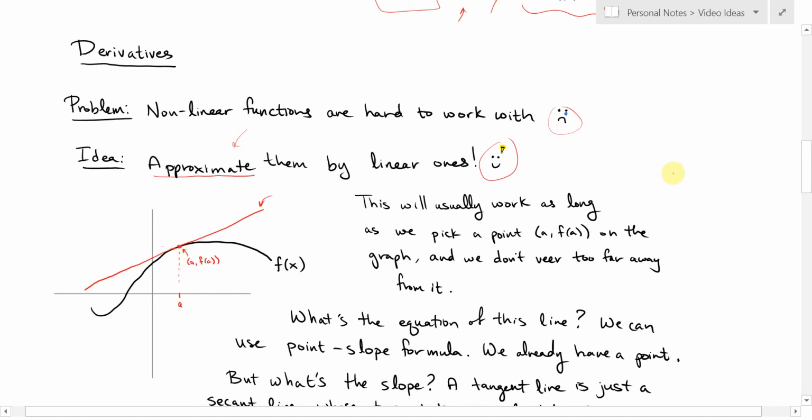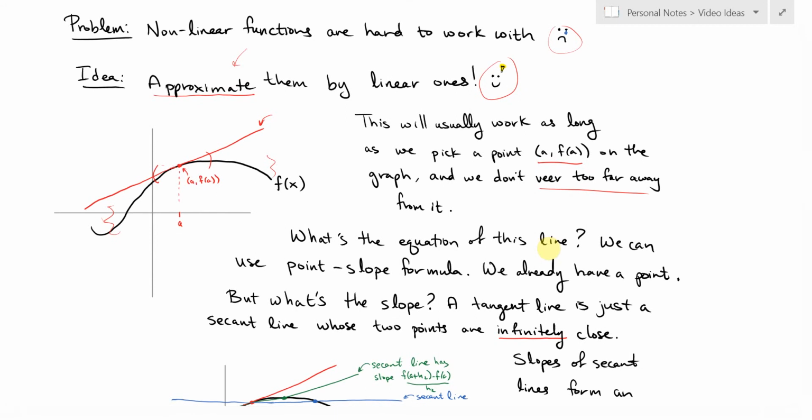And this will usually work as long as we pick a point, a comma f of a, on the graph, and we don't veer too far away from it. All right, this is a pretty decent approximation as long as we're close by. It's not so great an approximation over here and so on. So it's a pretty good local approximation, but not a very good global one.